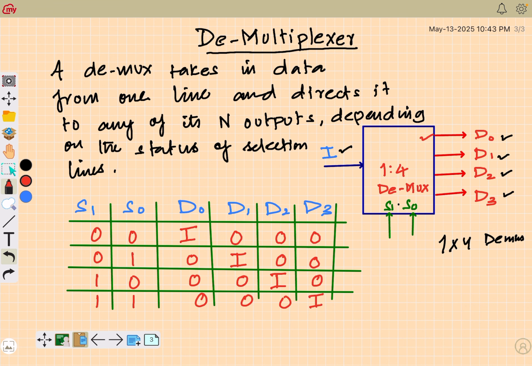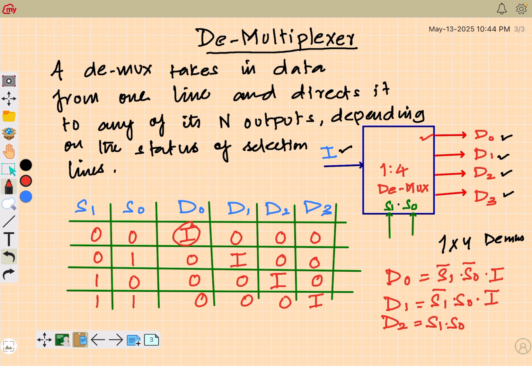For D0, it will be S1 complement, S0 complement, and then I. Similarly for D1, it will be S1 complement, S0, I. Then for D2, it will be S1, S0 complement, I. Then for D3, S1, S0, I.